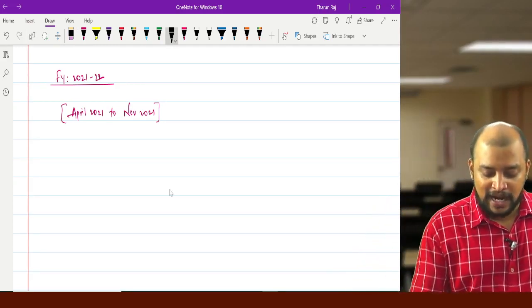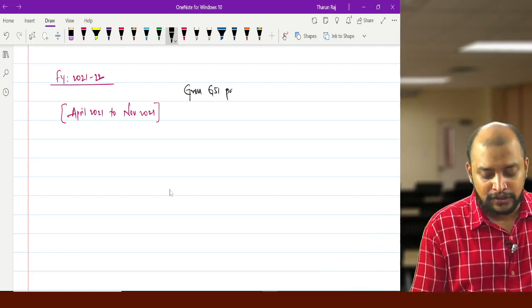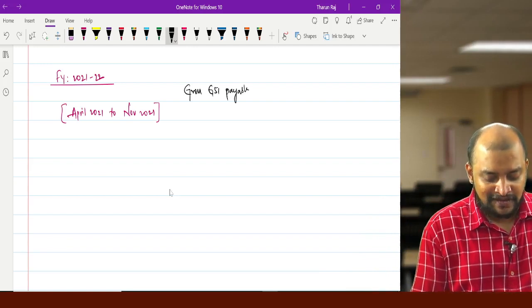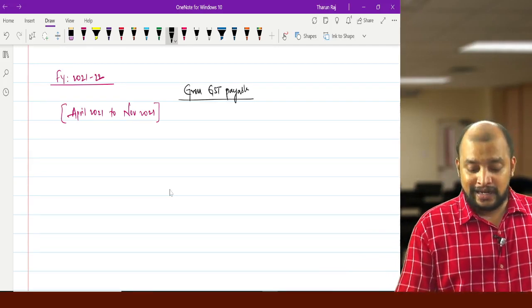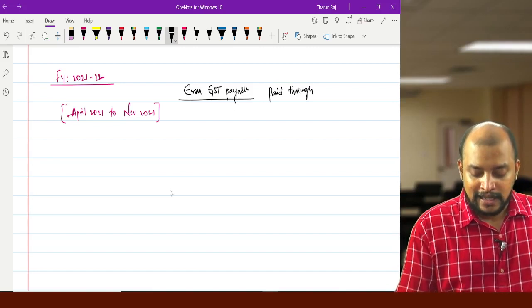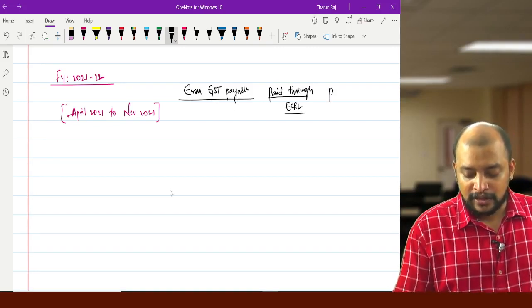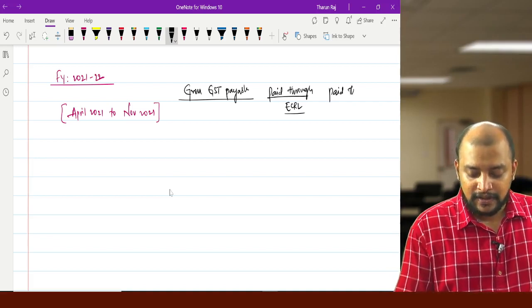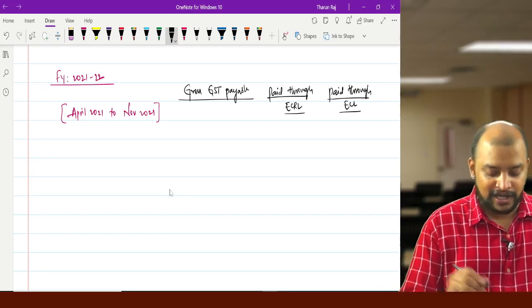Gross GST payable. So total I am taking up to November 2021. Gross GST payable. And thereafter, how is it paid? Paid through electronic credit ledger and paid through electronic cash ledger.